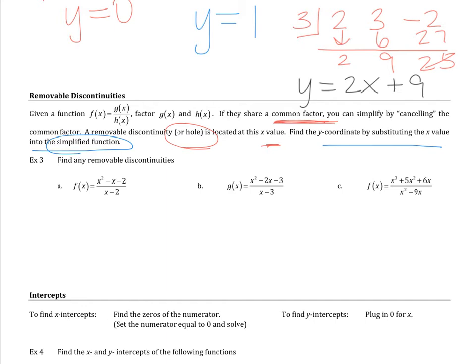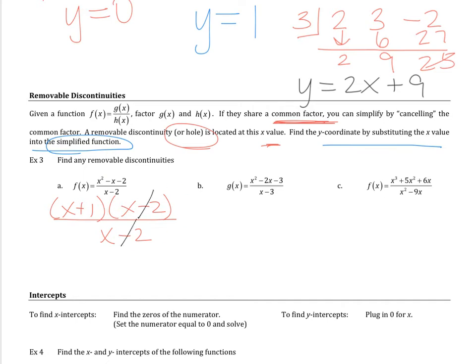In example 3a, if I factor my numerator, we're looking for two numbers that multiply to negative 2 and add up to negative 1. So that's x plus 1 times x minus 2 over x minus 2. And I notice that here I've got common factors, right? X minus 2 over x minus 2.